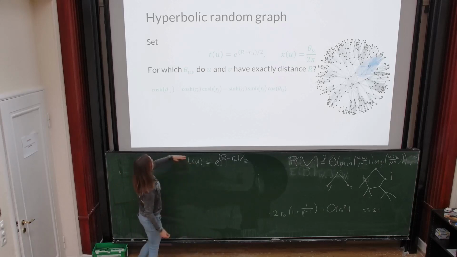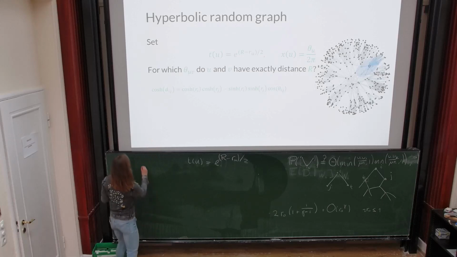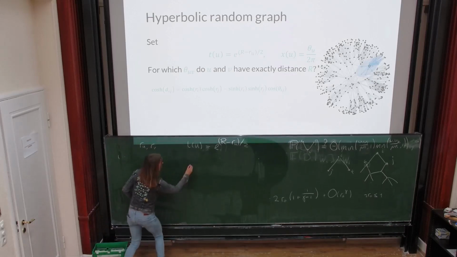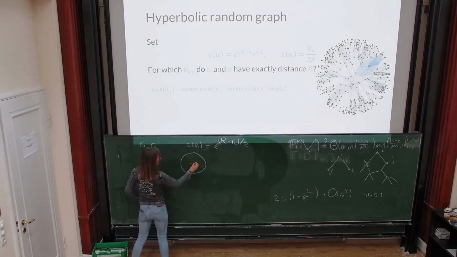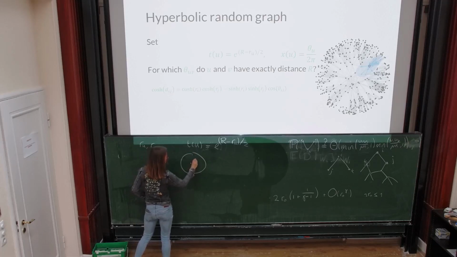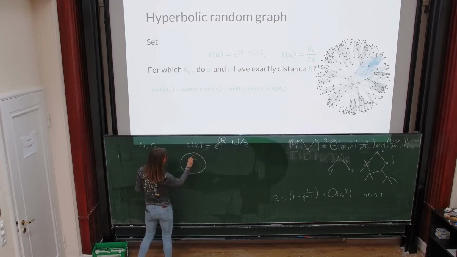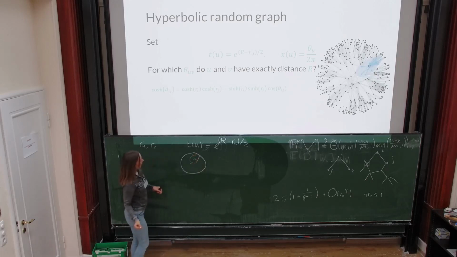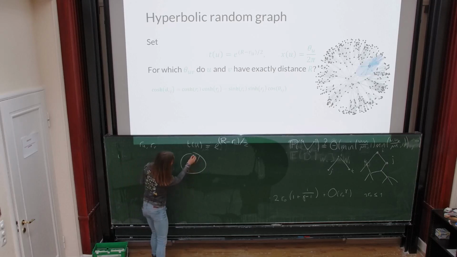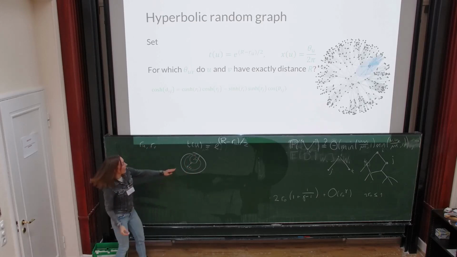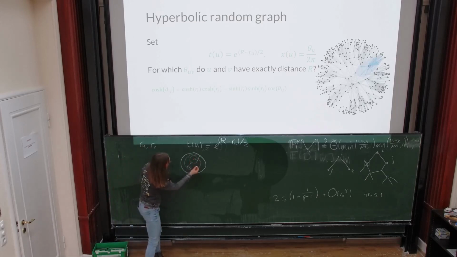So given the types, or given the distances RU and RV, suppose here we have a point with RU, and it has some hyperbolic circle with radius r.